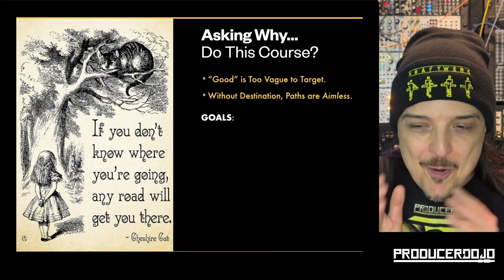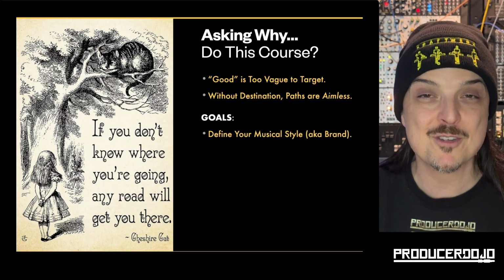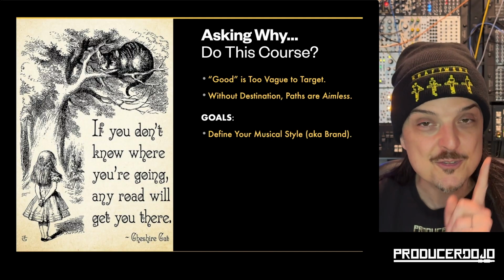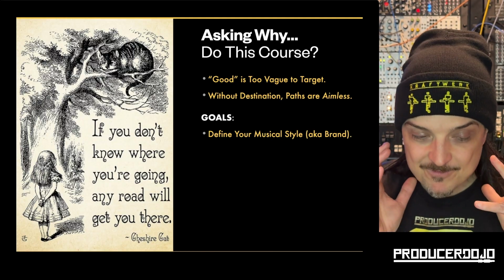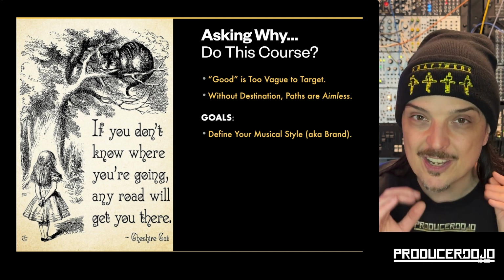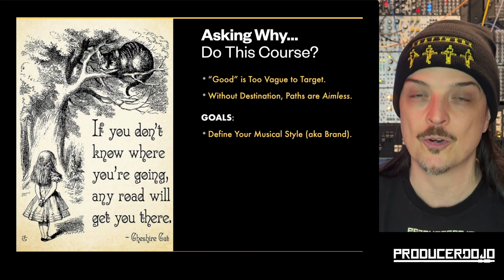So our goals here in a more specific way are to define your musical style and brand, number one. You got to start with that. Because that vision will tell you what works and doesn't work, what's right or wrong, et cetera, as we go through the course.